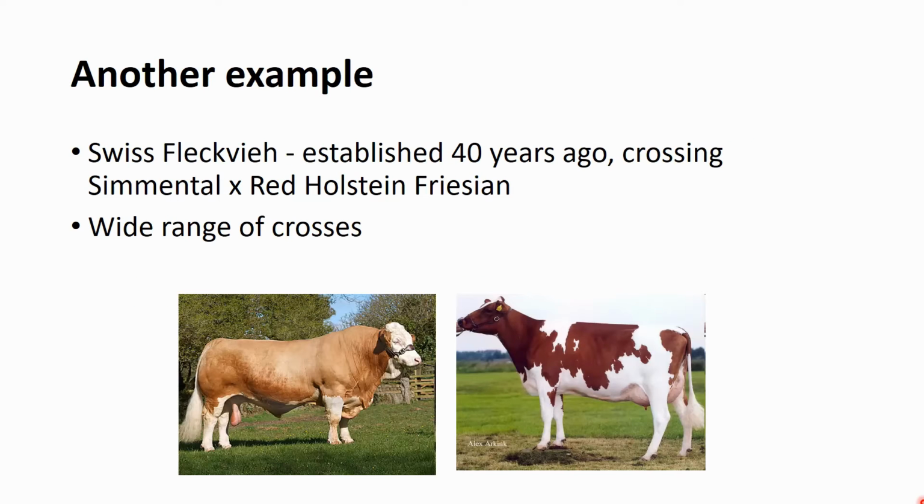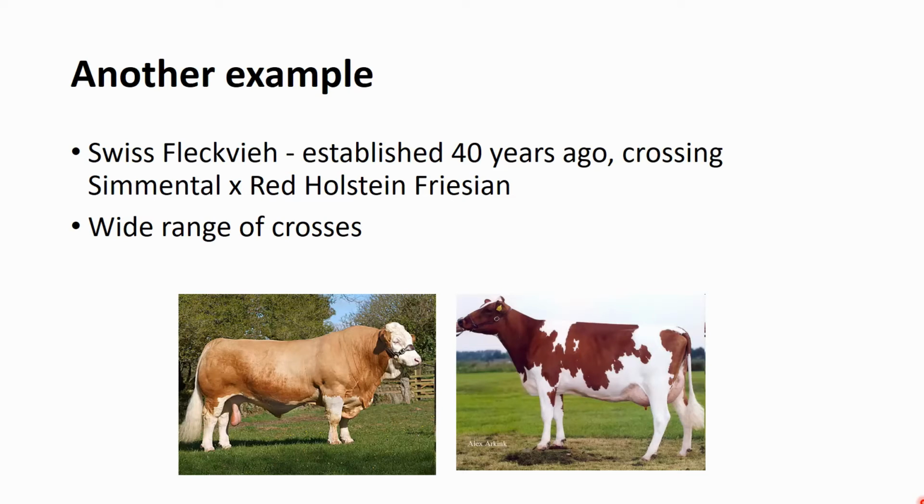As a follow-up, I would also like to give another example of a crossbred population that was created by human intervention, the so-called Swiss Fleckvieh cattle. This breed was established about 40 years ago by crossing the Fleckvieh or Simmental cattle with red Holstein Friesian.